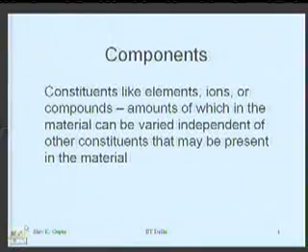Components are the constituents like elements, ions or compounds in the system, whatever solid state system I am talking about. The amounts of these materials can be varied independent of other constituents in the system, the ones which are present in the material.